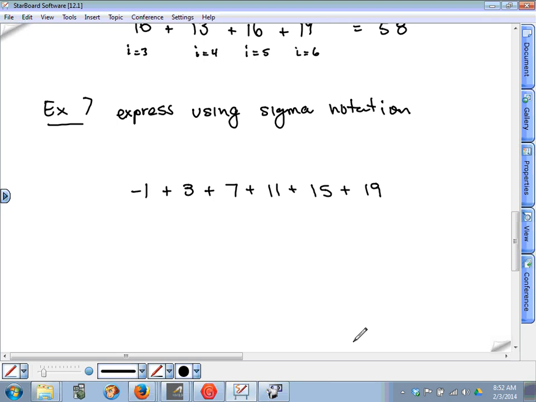So there's a partial sum. And there's no dot, dot, dot, because we're only adding these specific terms of whatever sequence this is.